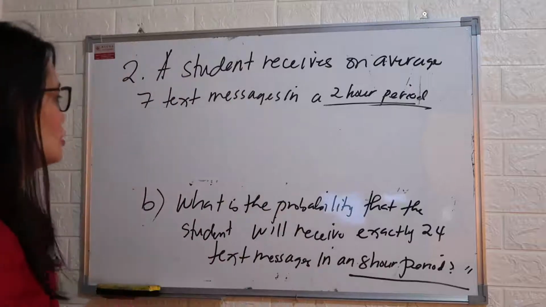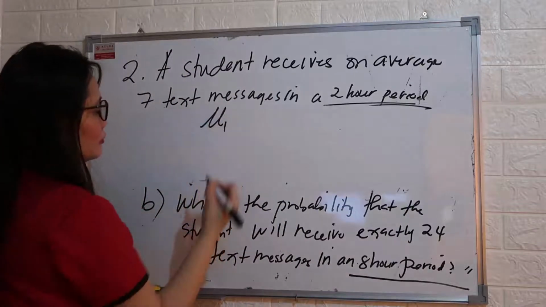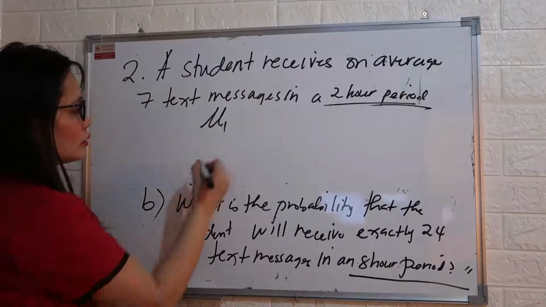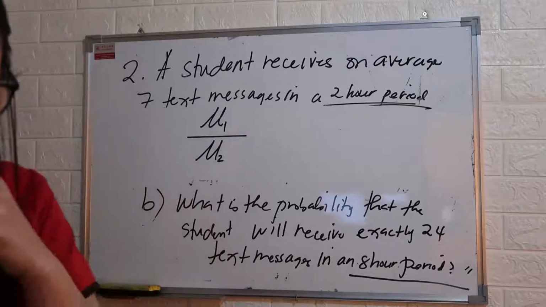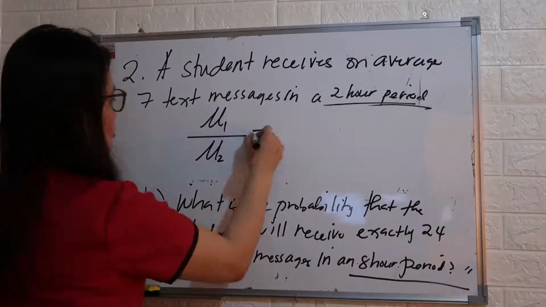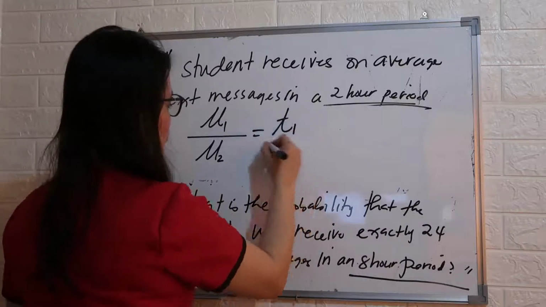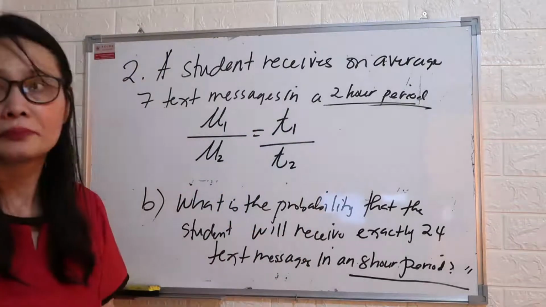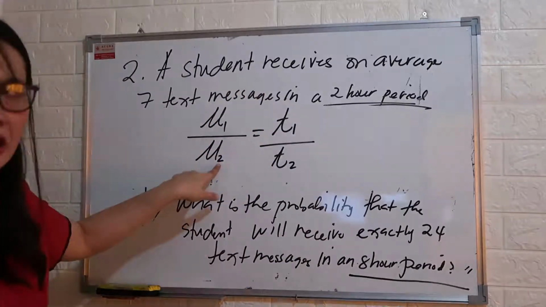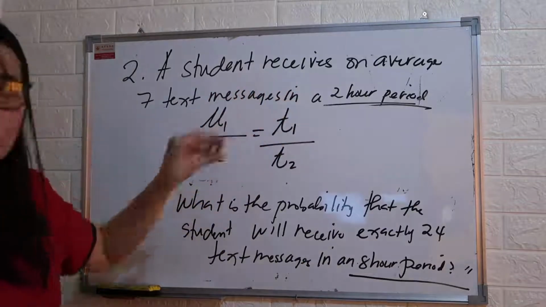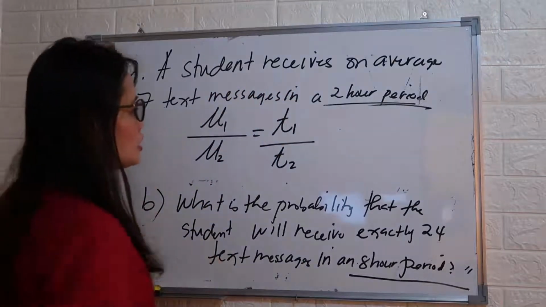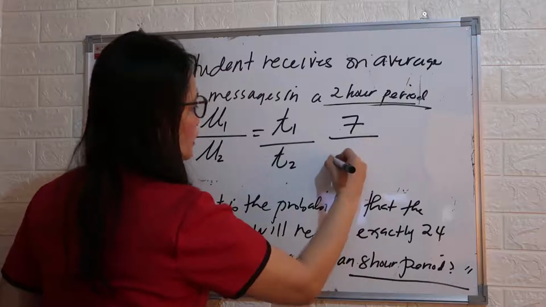So, the first mean over the second mean is equal to the first given period over the second given period. To solve for the new mean, because they have different time, you need to apply the cross multiplication. So, the first mean is 7 over the new mean.